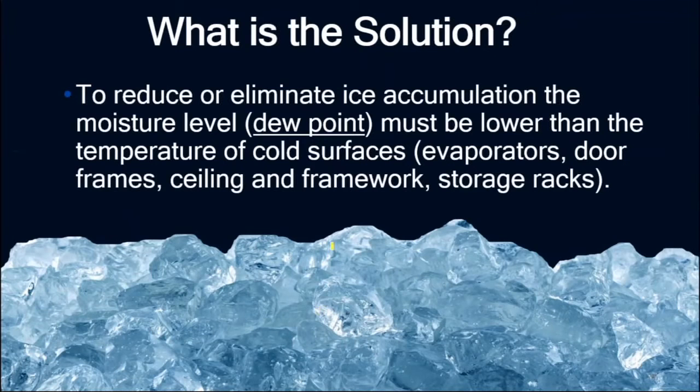What is the solution? Well, we want to reduce or eliminate ice accumulation below or to the level of dew point. So we must lower that dew point condition of the air to be below that of the surfaces in the space, whether it's the evaporator, the frame, the ceiling, whatever it is in that space.